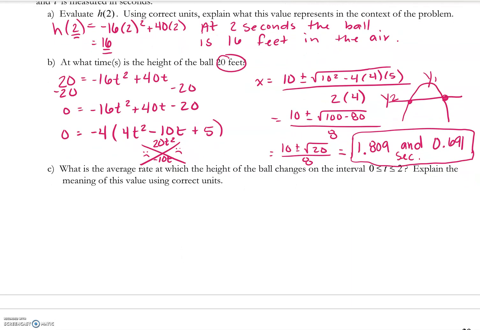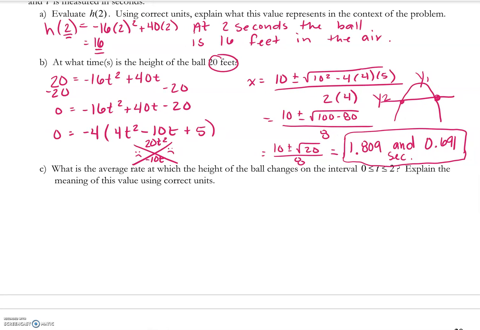The last part of this problem in context is asking about average rate of change, and we want to know the average rate at which the height of the ball changes on the interval from 0 to 2, and explain what it means. So remember, with average rate of change, you're always thinking of your slope formula, y2 minus y1 over x2 minus x1. I'm always going to give you your x values, so 2 minus 0.